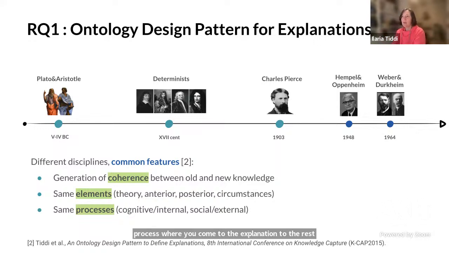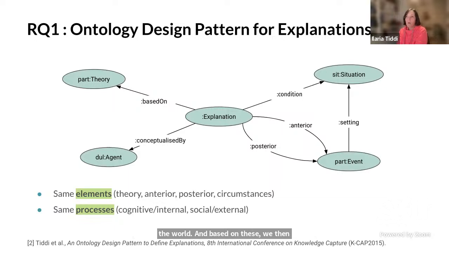Based on this, we then defined our own ontology for an explanation, so our own definition that we could then feed into a system that would try to generate explanations according to these patterns. It's a pattern in the sense that it can be instantiated in multiple contexts, but the overall idea was that you always have an event that happens before and an event that happens after.